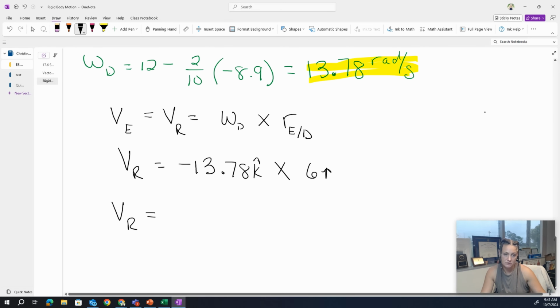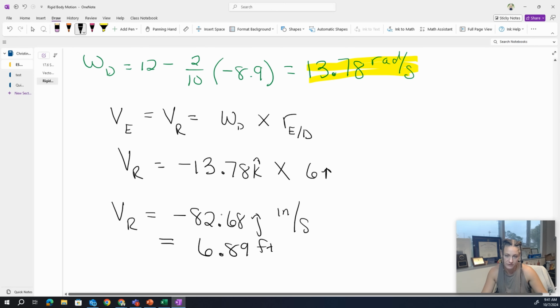So that's going to equal negative in the J direction. And 13.78 times 6 is 82.68 inches per second. And then if we wanted it in feet per second, just divide by 12, and you would get 6.89 feet per second in the negative J direction.